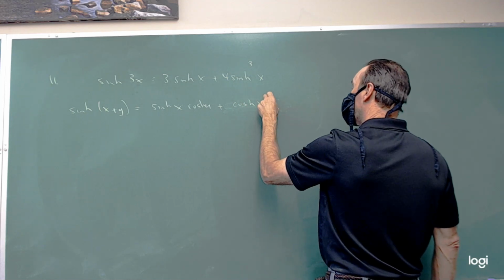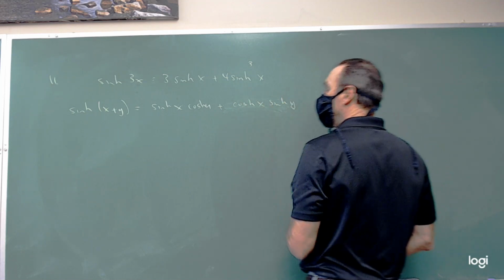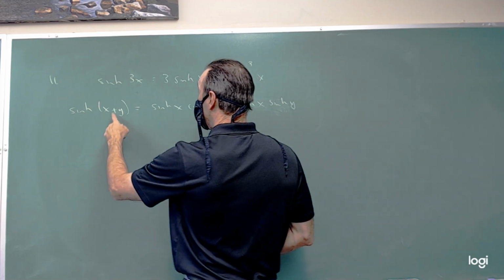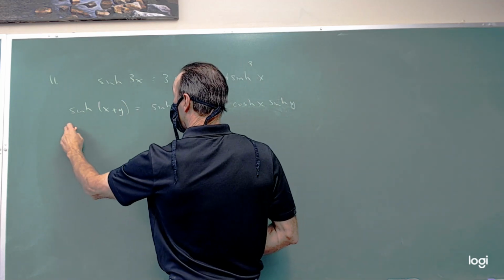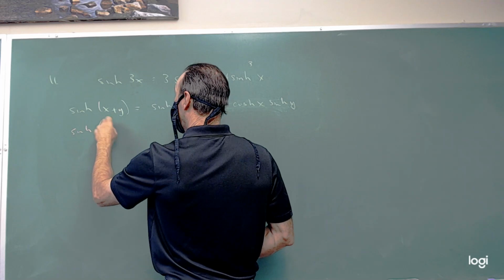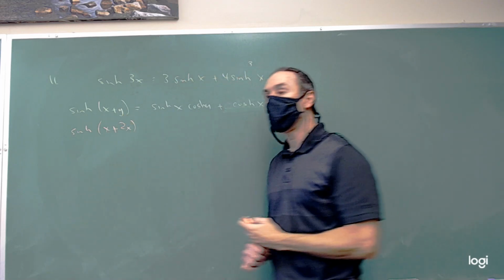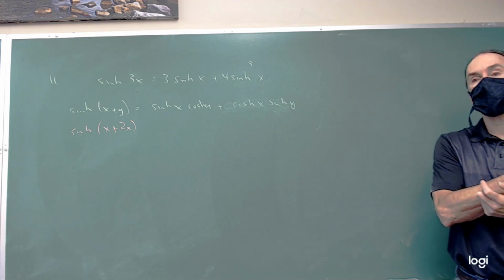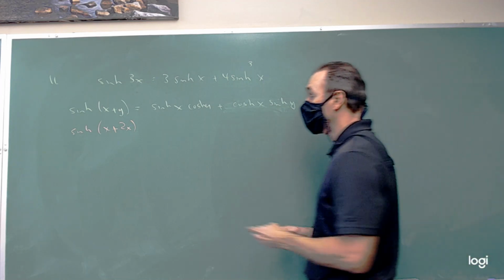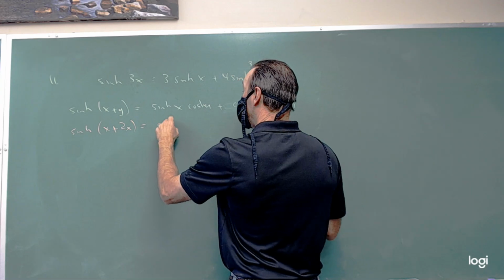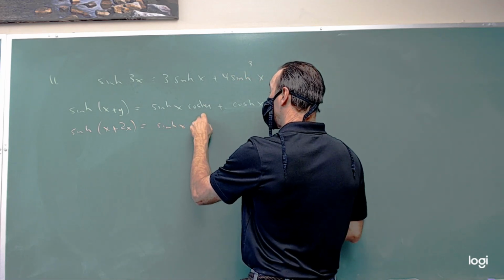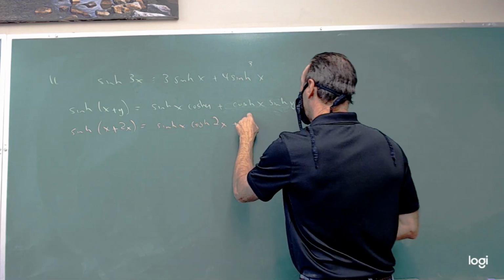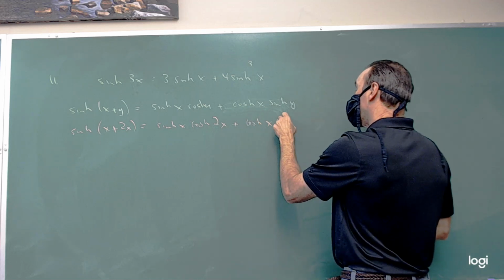Okay, so I think what we want to do is treat this 3x first, and I could be wrong here, but let's think of the y as being 2x. And then we also have a double angle formula that we're going to use for that one. So I think this would become sinh x cosh 2x plus cosh x sinh 2x.